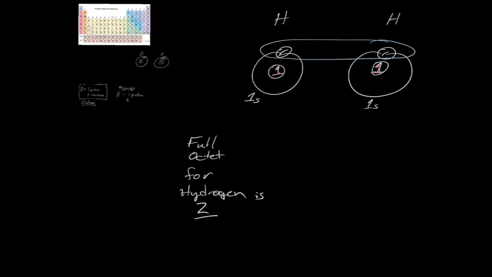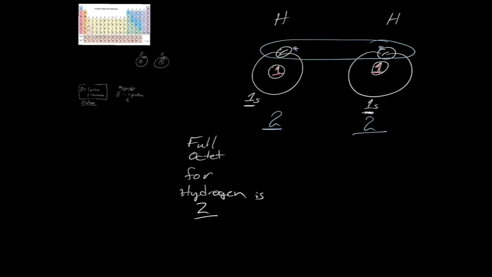So how many electrons does this first atom have? Well, there's 1 electron here and 1 here. So they have 2. And how many electrons does this atom have? 1 electron here, 1 here. They have 2. Remember, that's what sharing means. Now, 1s is the outer shell, and it can only hold 2, so it's full.